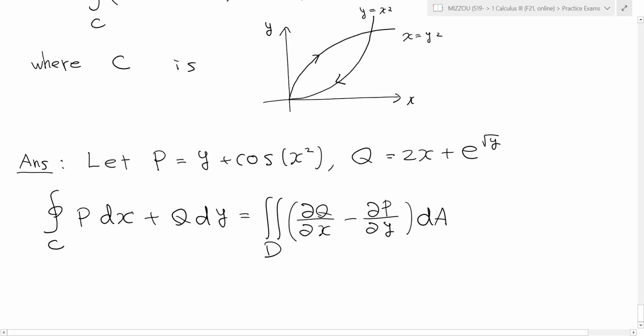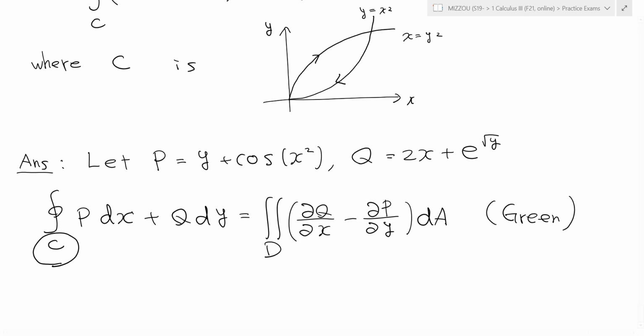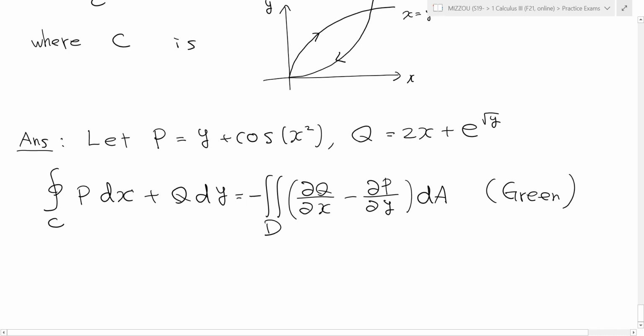So that was Green's theorem. But this is the case if the direction of the curve C is counterclockwise. But for this problem, it's actually clockwise, the other way around. The orientation is the opposite. So in that case, you have to put a negative sign because the orientation is negative, so to speak.